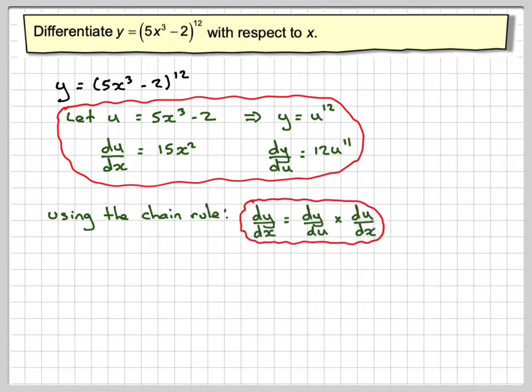du by dx. So we're going to say this is going to be equal to 12u to the 11 times 15x squared. Well, u was my invention, so I should put it back.